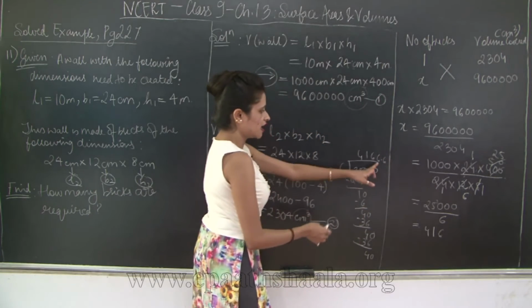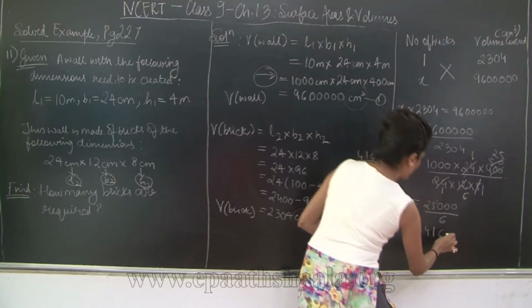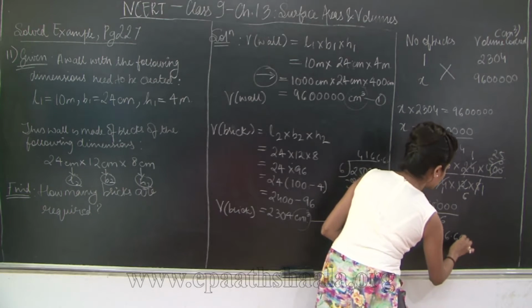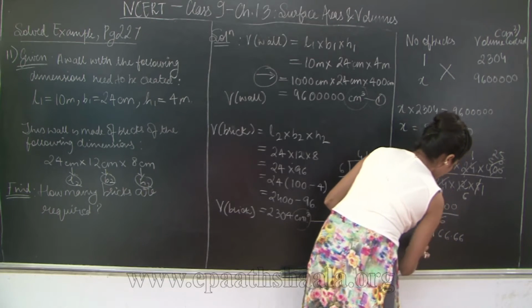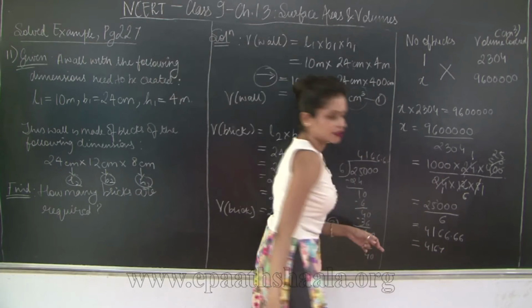So if you see this, 6 is going to repeat, right? So this is going to be 4166.66. So we can round it up to 4167, right?